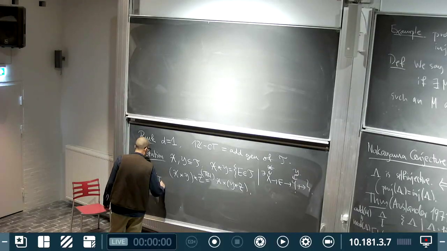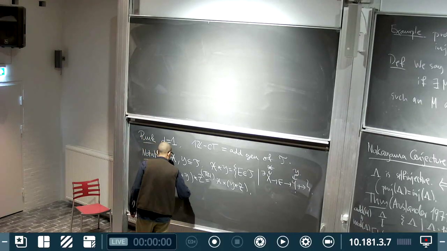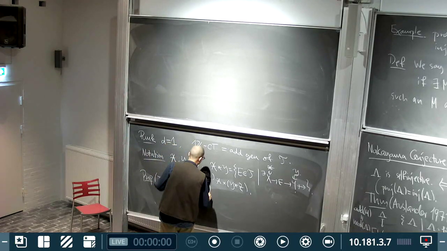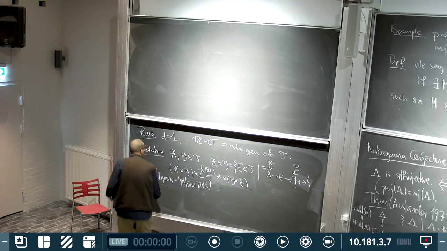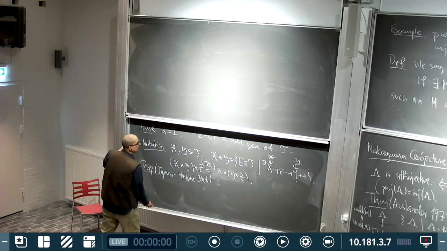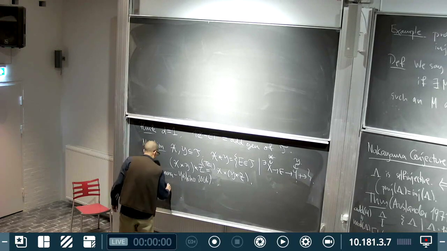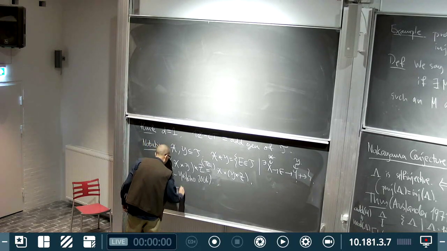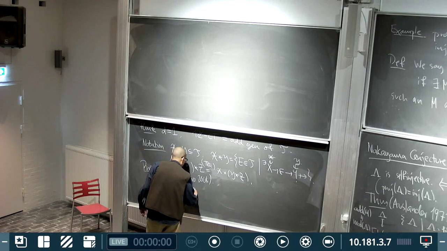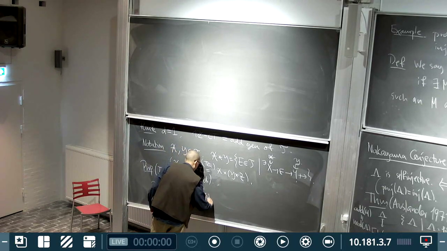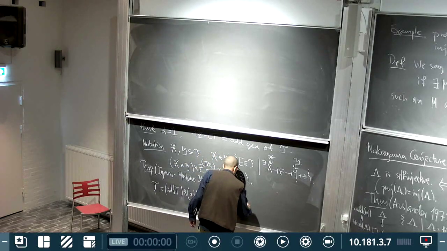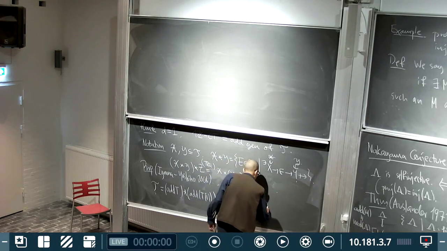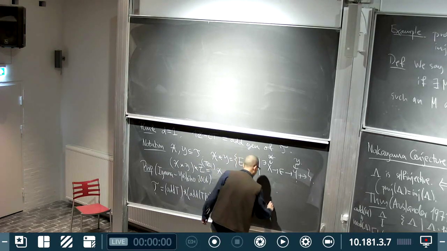And the proposition of Iyama and Yoshino, in that paper, is the following: T can be written as the additive closure of T, star, the additive closure of T shifted by 1, star, and so on, up to the additive closure of T shifted by d minus 1.